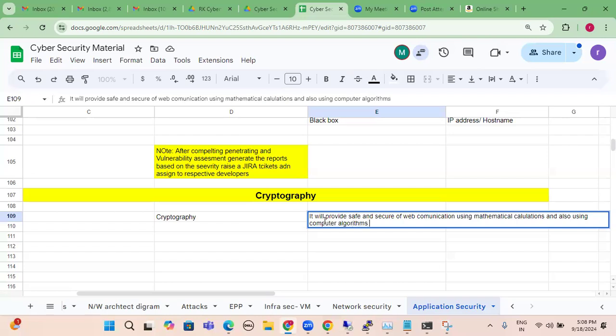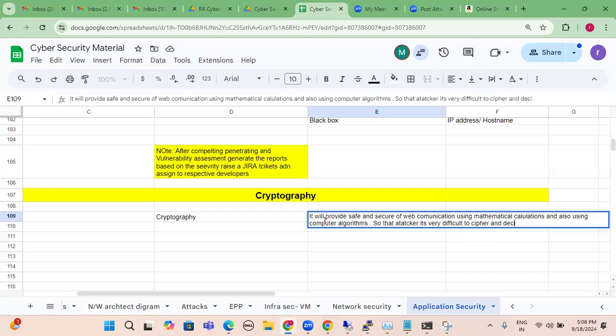Why we have to use mathematical calculations, I will explain now. What is the reason behind that? So that for an attacker, it's very difficult to cipher and decipher our data.